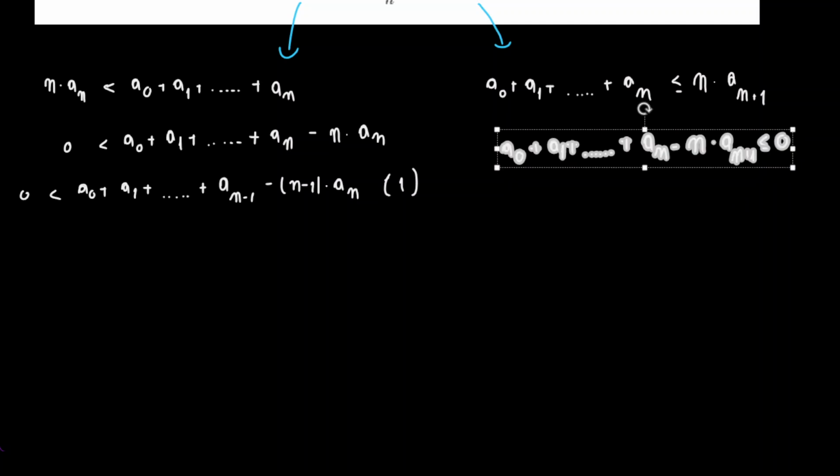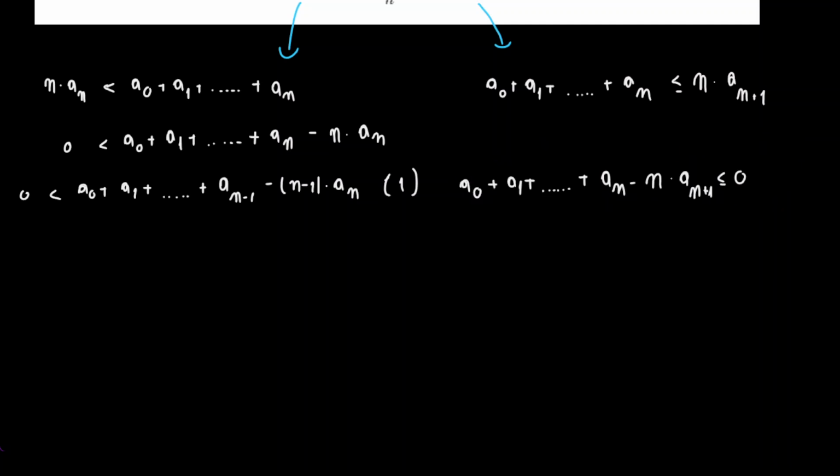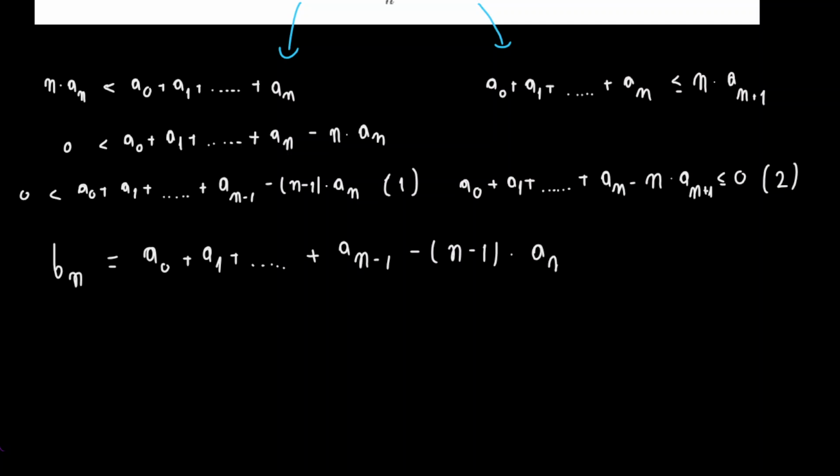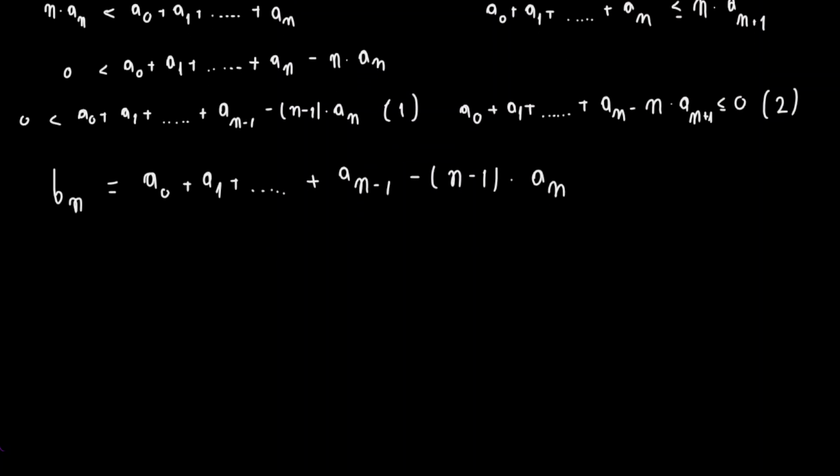And right now, try to see that these two sums here are very similar. Their philosophy seems to be the same. So what I'm going to do now is consider B_n, which is a sequence like a_0 plus a_1 plus ... plus a_{n-1} minus (n-1) times a_n. And from 1, I have that 0 is less than B_n, and from 2, B_{n+1} is less than or equal to 0.